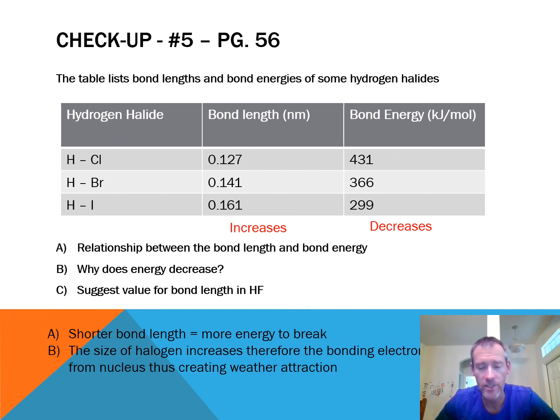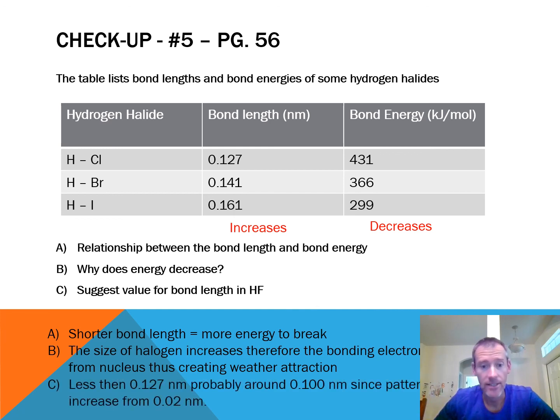And then suggest the value of what the bond length in HF would be. So notice the trend, HF is on top, so we should see that the bond length is going to be less than 0.127, probably close to 0.100. Notice the trend is about 0.02 difference between each one.